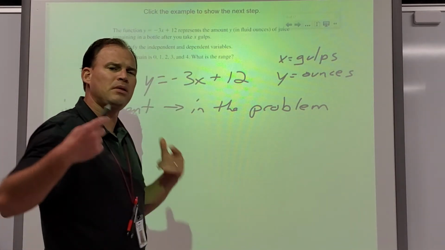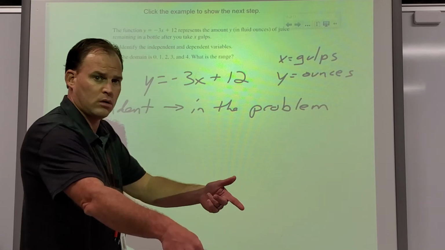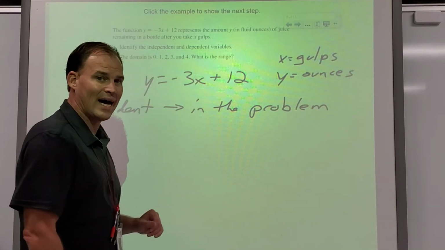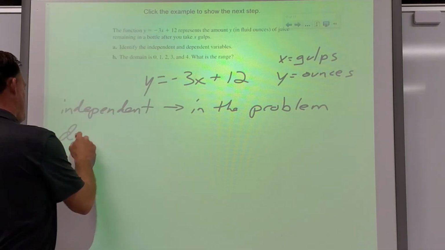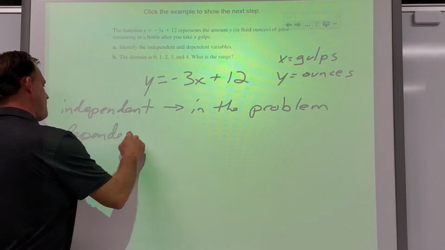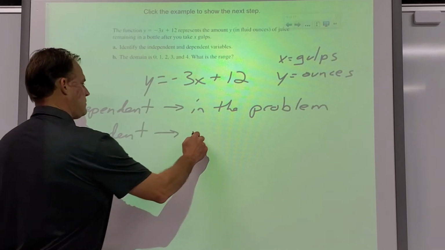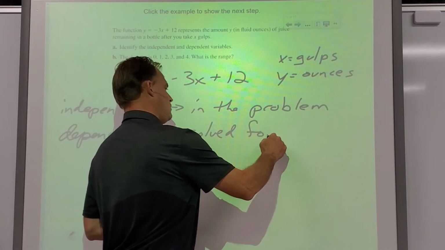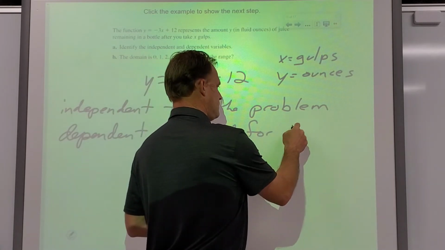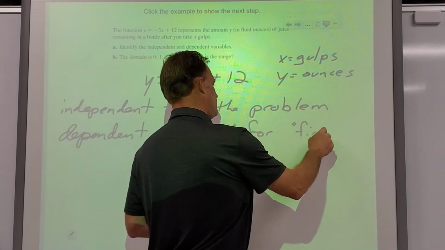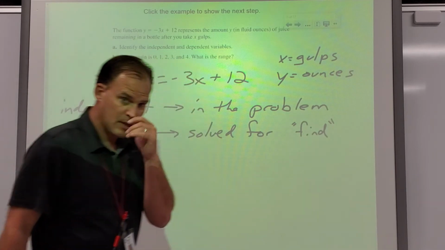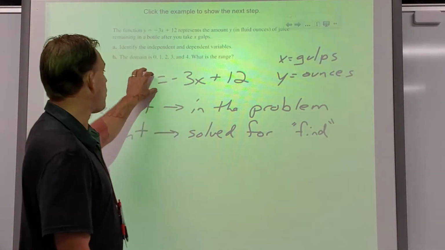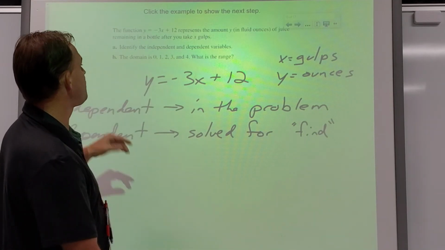The one I would plug in for. I would plug in for x to find y. The dependent variable is the one that it's solved for, y equals, the one it tells you to find.